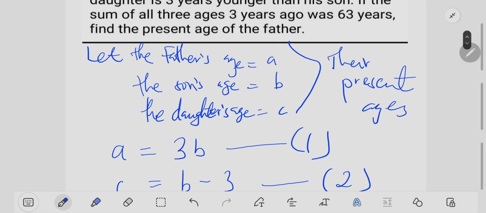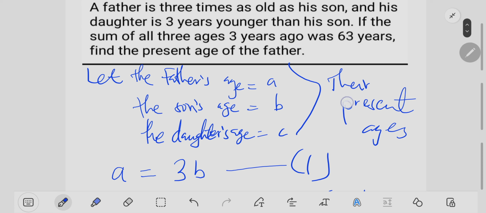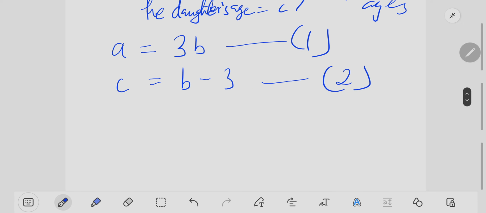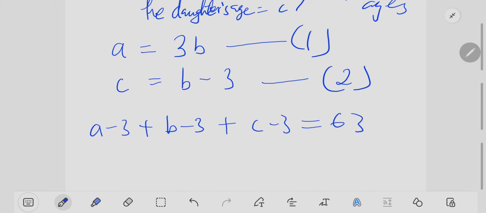After getting their ages 3 years ago, the question says if you sum all those ages up, you have to get 63. So that's going to give us A minus 3 plus B minus 3 plus C minus 3 equals 63.